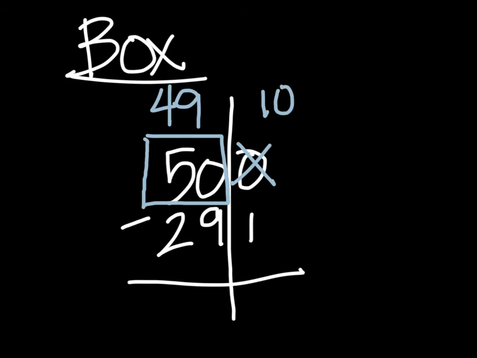So you have 49 tens now, and you have 10 ones. 10 minus 1 is 9. 9 minus 9 is 0. 4 minus 2 is 2. So you get 209 for your answer. Let's do another one just like that.